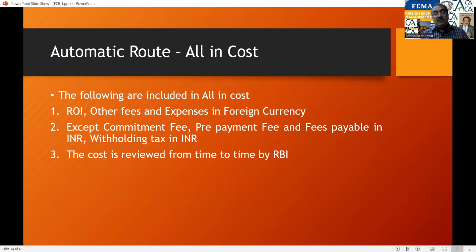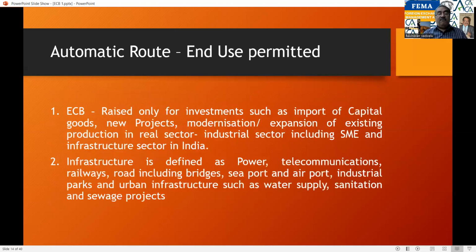The cost is reviewed regularly, from time to time, by the Reserve Bank of India. So cost is given importance, and the end use, that is where to use this ECB, is very important, because if it is used for different purposes, our economy will be spoiled, that is, the economic condition will not have sufficient growth.